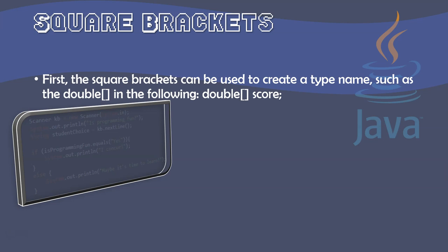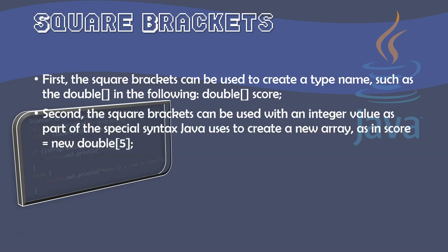Another thing to note is that the square brackets can be used to create a type name, such as the double[] in the following: double[] score. Second, the square brackets can be used with an integer value as part of the special syntax Java uses to create a new array, as in score = new double[5].